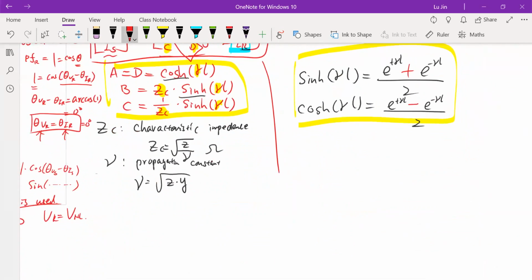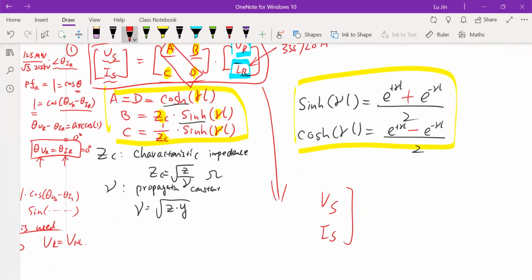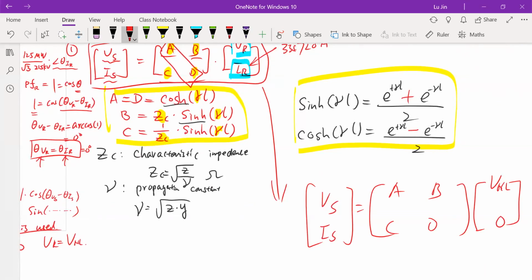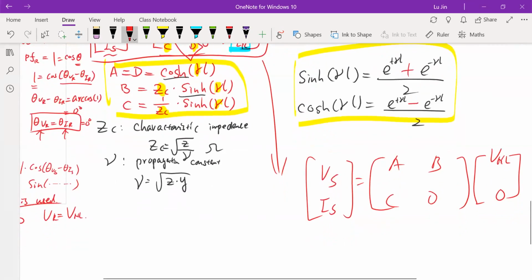So I just copy that here, okay? This time, VS, IS equals the ABCD model. And this time, we have V no load and 0 load current, or receiving side current, which is nothing. And you want to solve for the no load voltage.